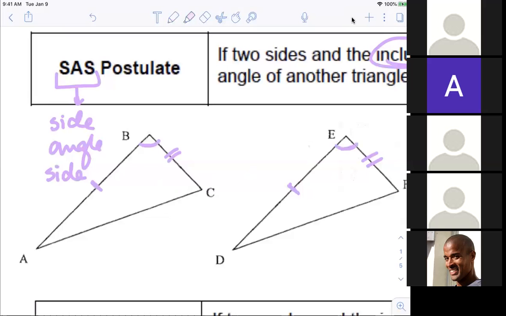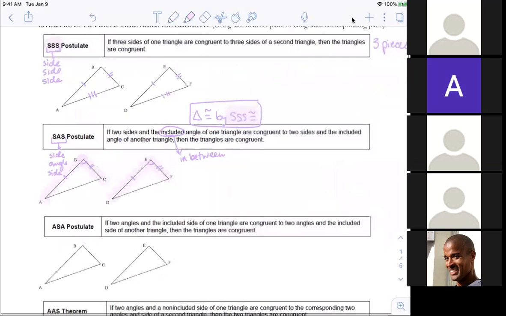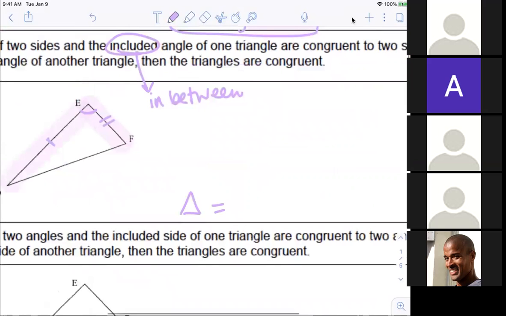I also think of it, if I were to trace each side, the angle that connects both sides, so it's like the heavily shaded part because it touches both sides, is angle B. Same thing over here, it's angle E. So side angle side means two sides and the included angle. So I'm going to write triangles congruent by side angle side.